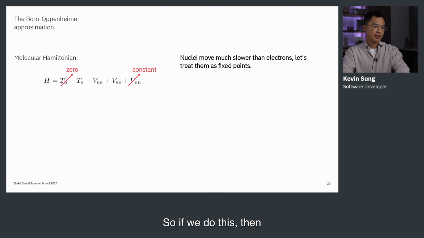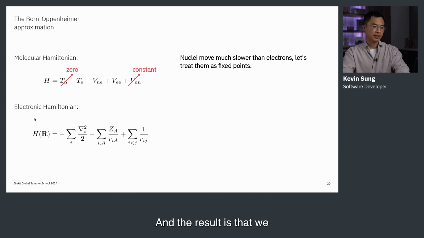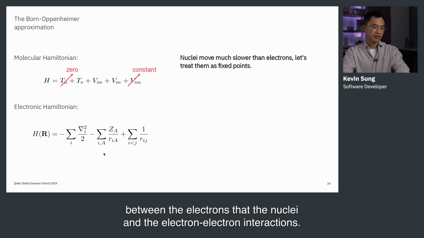If we do this, then the kinetic energy of the nuclei is 0, and the interaction between the nuclei is just a constant. So we can drop these terms from the Hamiltonian, and the result is what we call the electronic Hamiltonian, which only contains the terms that involve the electrons. So we still have the kinetic energy of the electrons, and then we also have the interaction between the electrons and the nuclei and the electron-electron interactions.